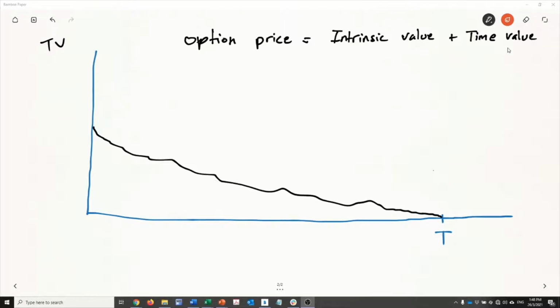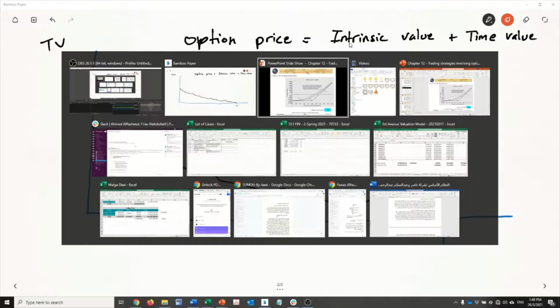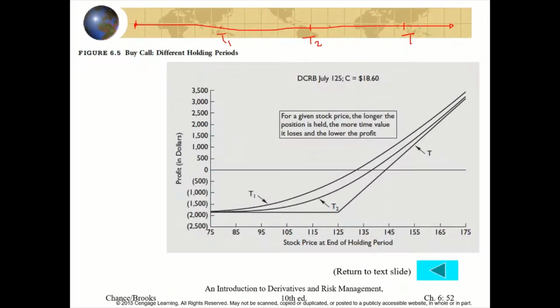Now, if we assume that the intrinsic value is going to be fixed, since we want to examine only the effect of the period, assume that the intrinsic value will not change. If we examine the effect of keeping the option until time t1 or time t2 or until the expiration of the option, we fix their intrinsic value.